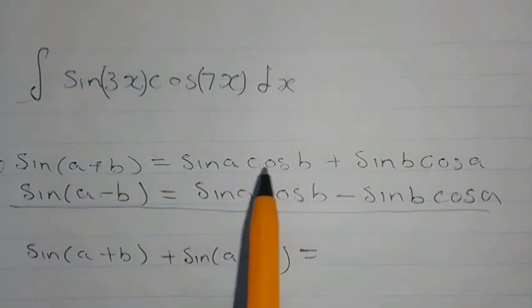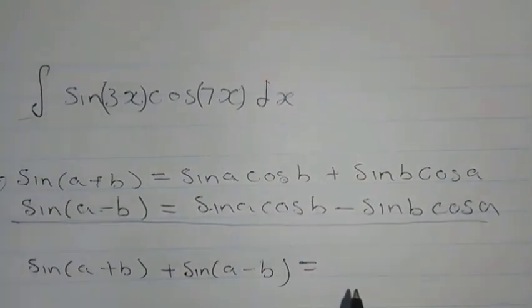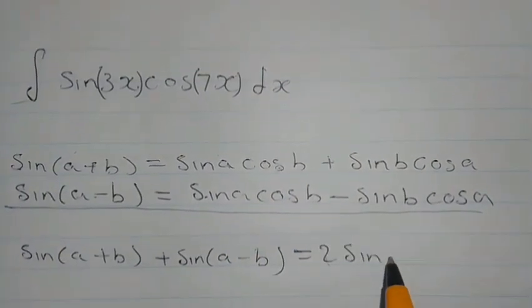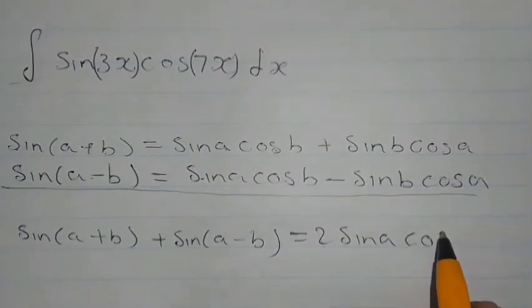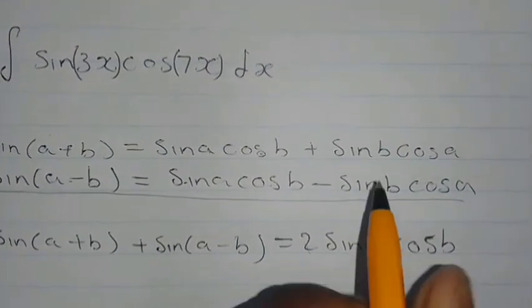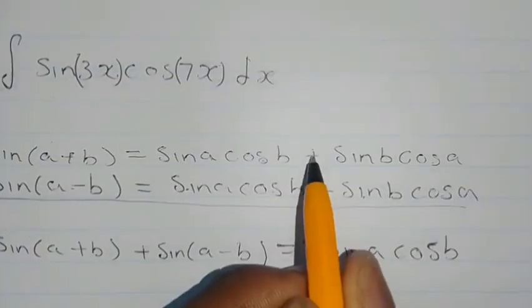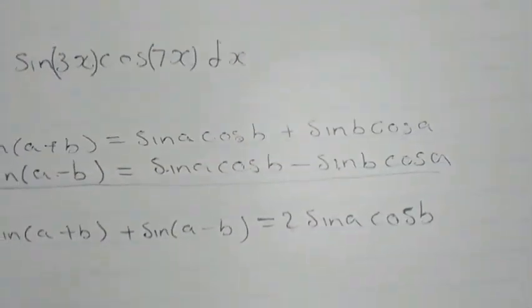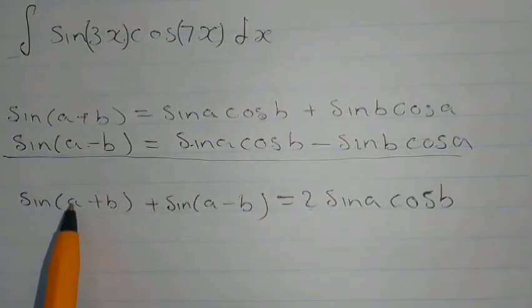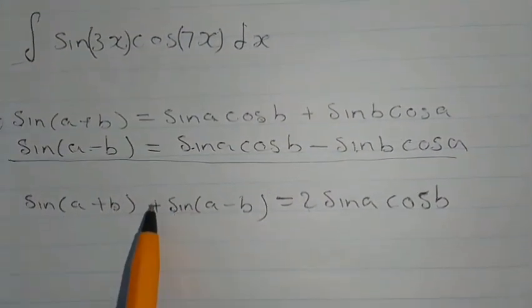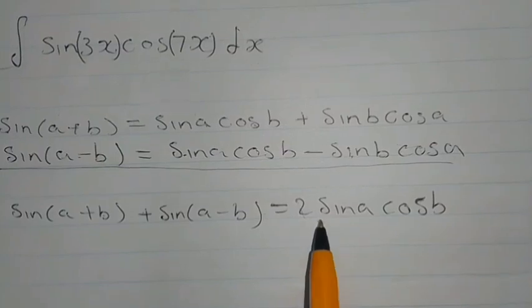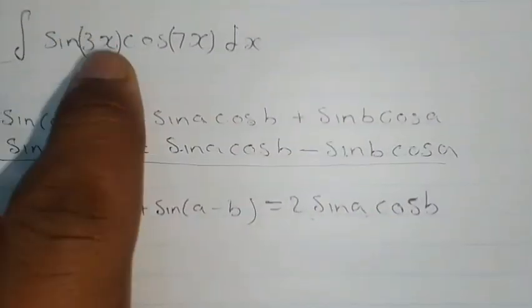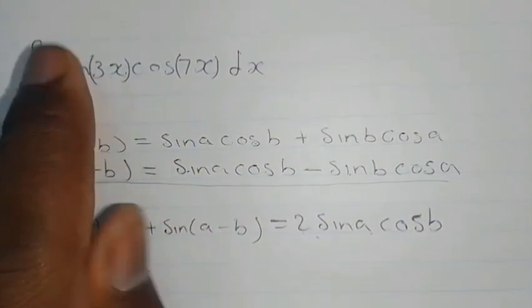So you'll have sine A cos B plus sine A cos B, which will be 2 sine A cos B. The other two terms are additive inverses, so they cancel out and give 0. So sine A plus B plus sine A minus B is the same as 2 sine A cos B. But if you look at this integral, we don't have a 2 there.